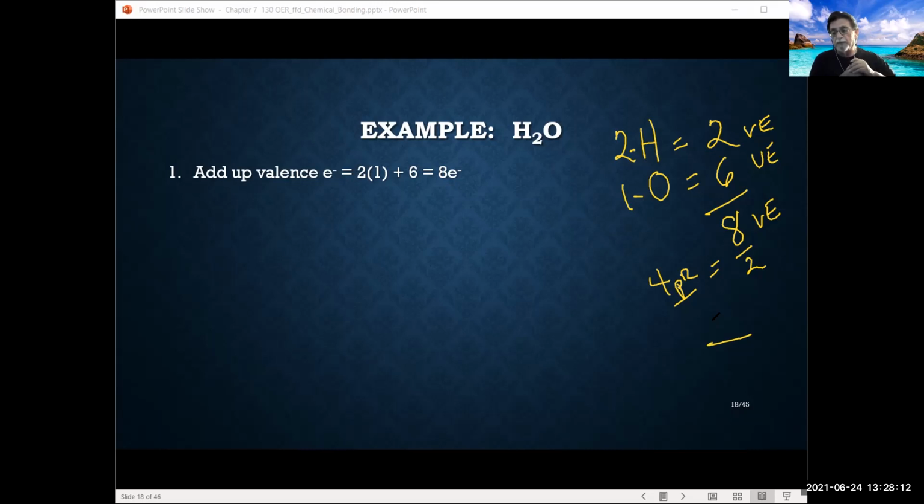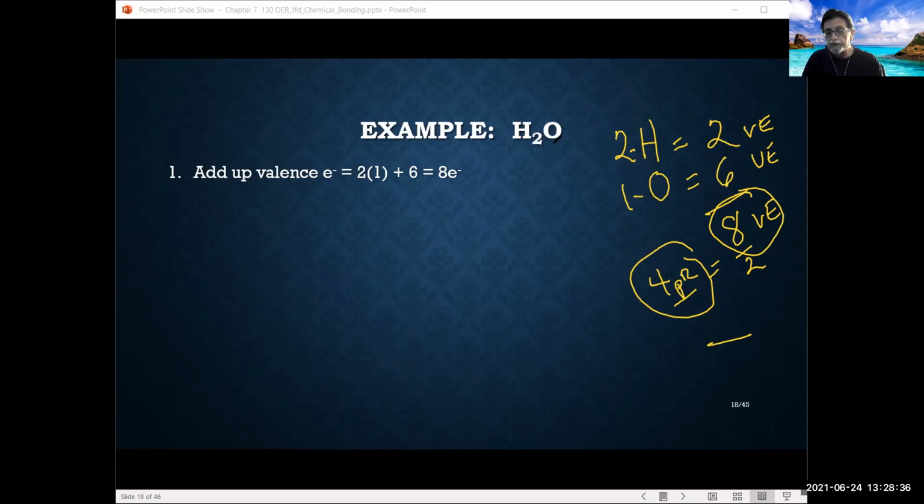Or you can divide that by 2 and you got 16 pair to work with if you just draw a line. All right, so our magic number is this: 4 pair, or a total of 8 valence electrons. That is what we got to work with. No more, no less.